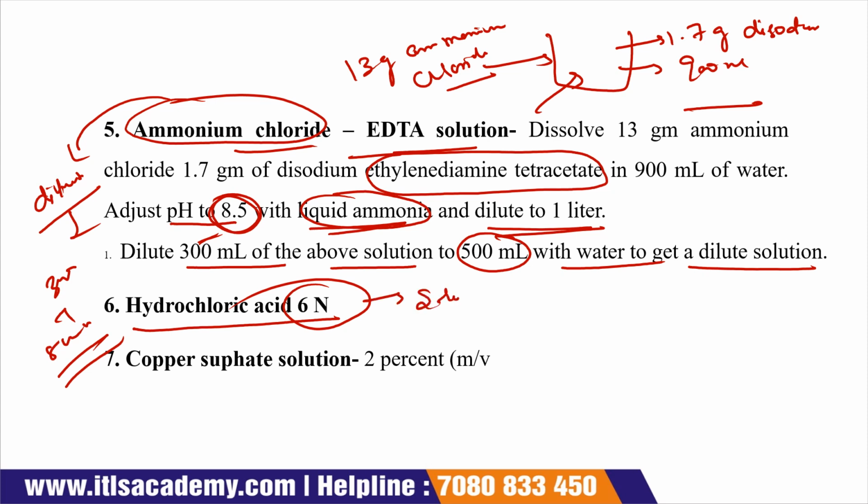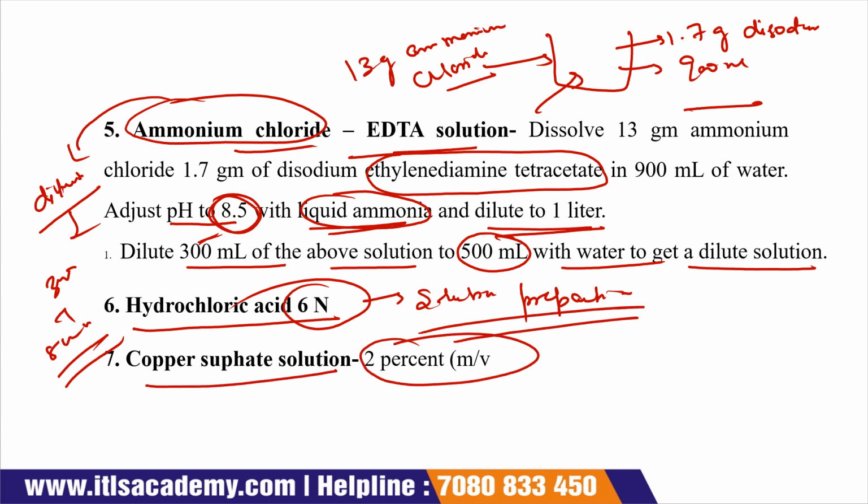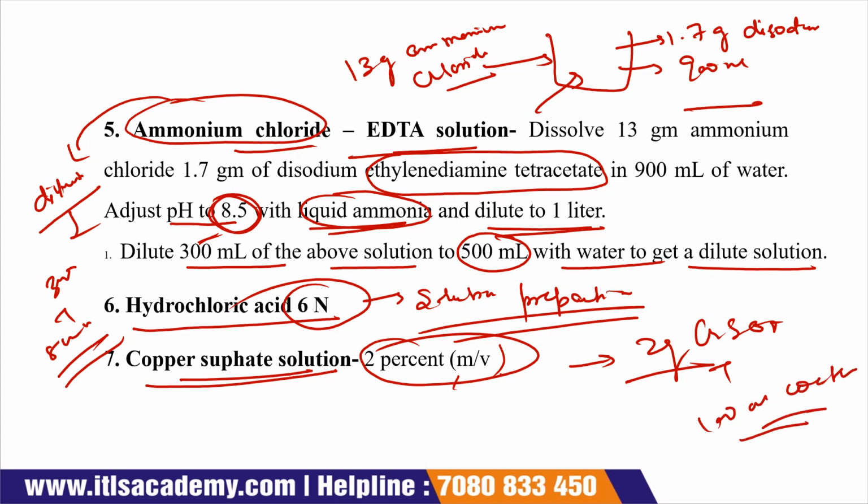You can see the video of solution preparation. This is how you know how we prepare the solution. The next that we require is 2% copper sulfate solution, m by v, that is mass by volume. For this we require 2 gram of copper sulfate dissolved in 100 ml of water. This is how we prepare the 2% copper sulfate.